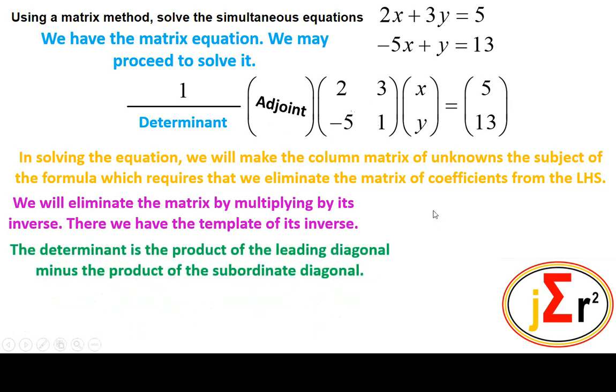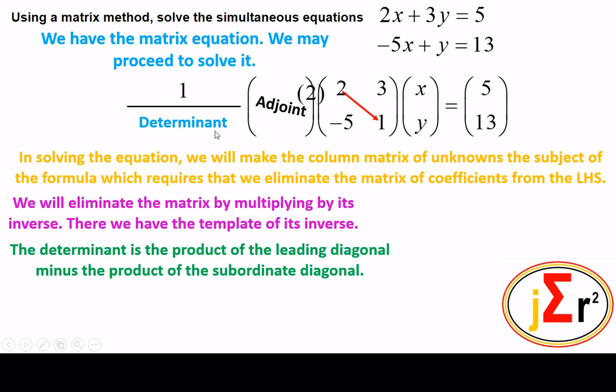The determinant is the product of the leading diagonal minus the product of the subordinate diagonal. There we have the leading diagonal. Our intention is to have the product of the leading diagonal minus the product of the subordinate diagonal.